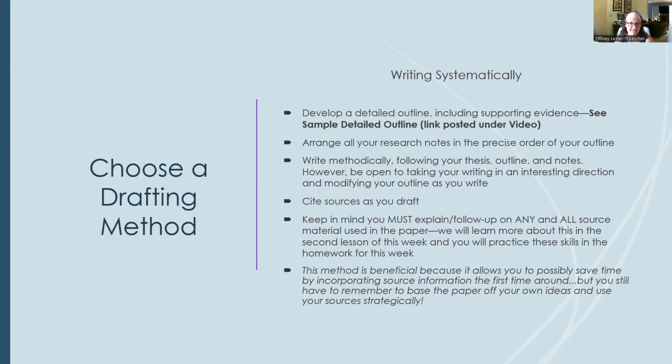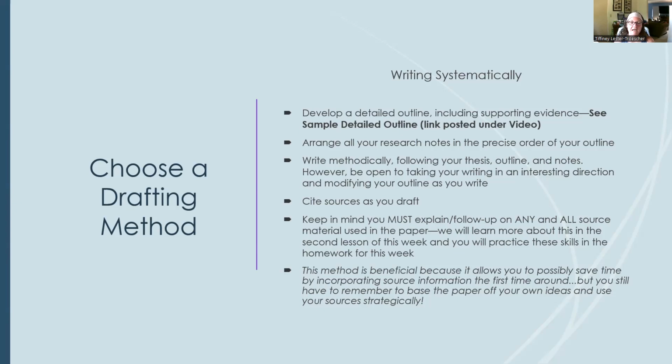I still suggest an outline for this, but essentially what you're doing is what you probably thought you should do when we were looking at the previous method, which is to write the draft from start to finish and incorporate the source material the first time as you're writing it, instead of writing the whole thing, then going back and adding in your sources. Writing systematically is writing the whole thing with your sources the first time around.